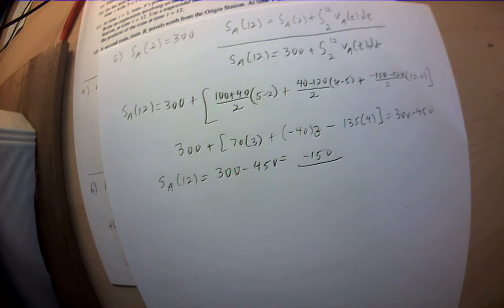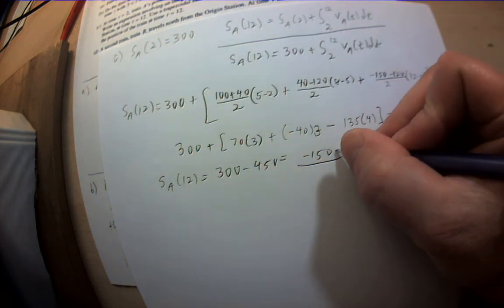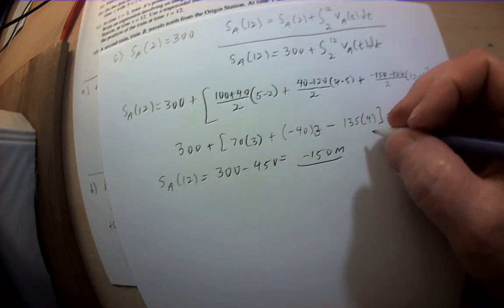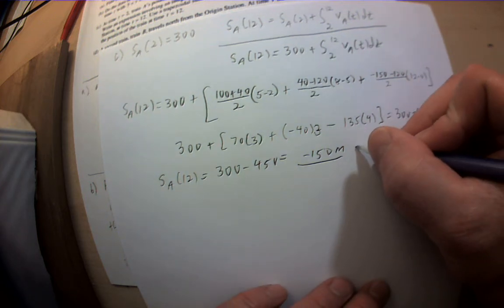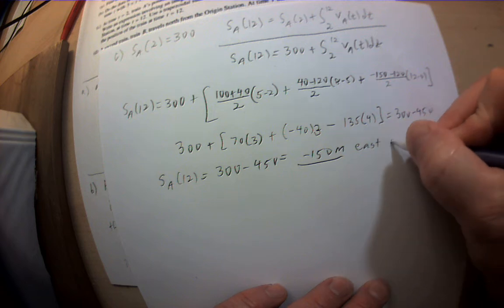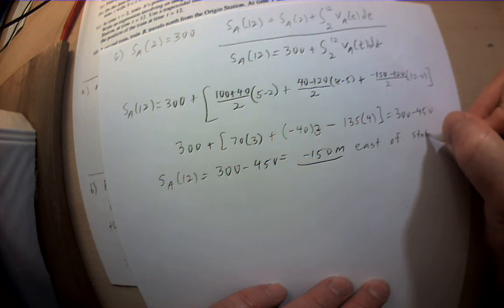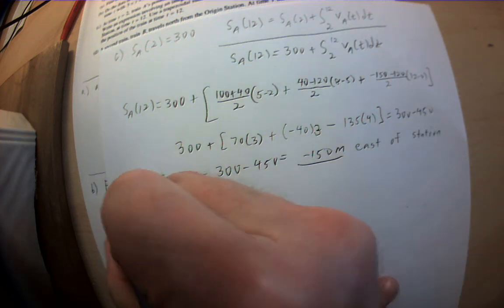That's the answer. So that's part C. Sorry, I should have said negative 150 meters, and that's west of the station. I'm not sure about the approximate position. So negative 150 meters, I guess you could say negative 150 meters east of the station, or you could say 150 meters west of the station.